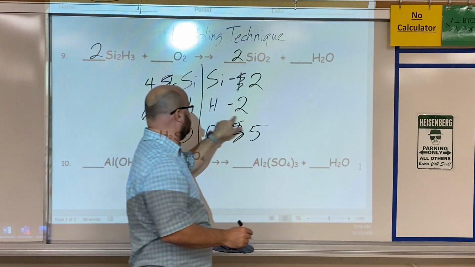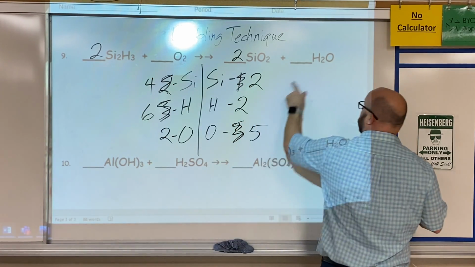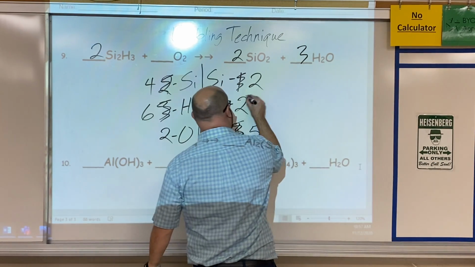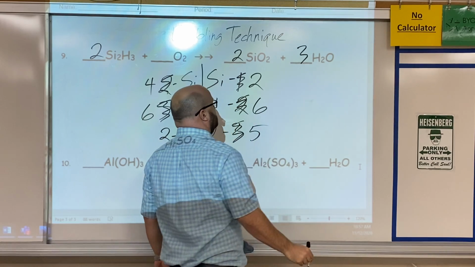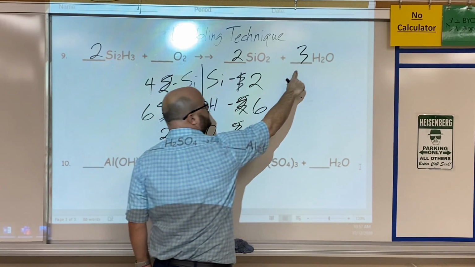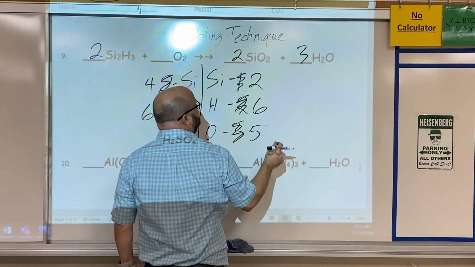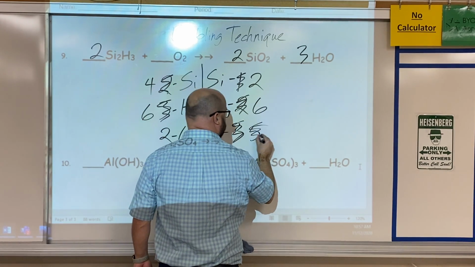Go to this side. We're going to make this one 6 as well. 6 divided by 2, 3. Now that's balanced. 3 times 1 is 3. 2 times 2 is 4, is 7.